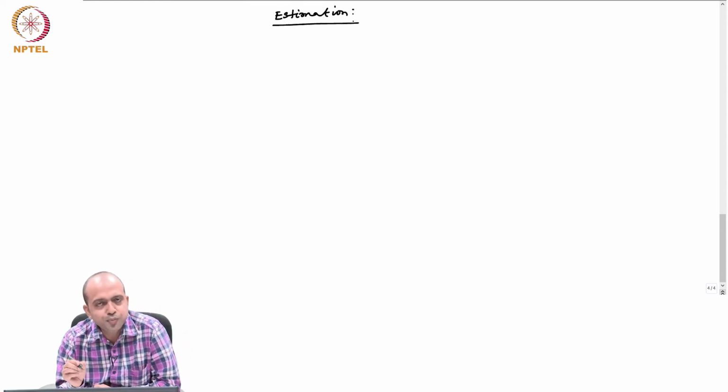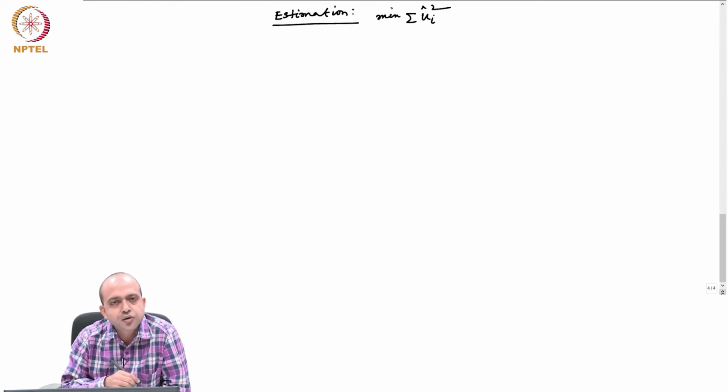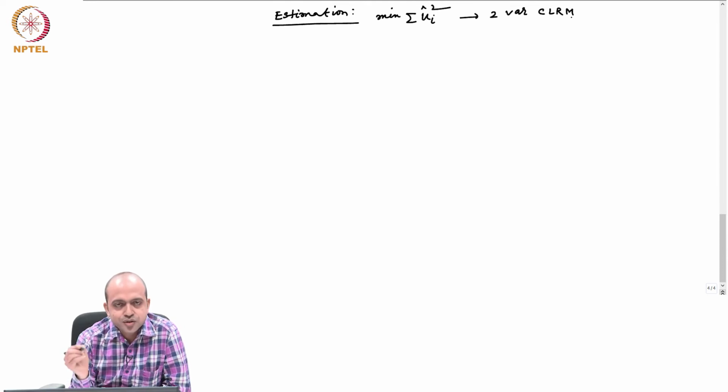Now, in the two variable linear regression model, what were we doing? We were minimizing the summation of ui hat square. This is the case for the two variable CLRM. Now, in this context, when you have a multiple linear regression model, we should have a similar expression.